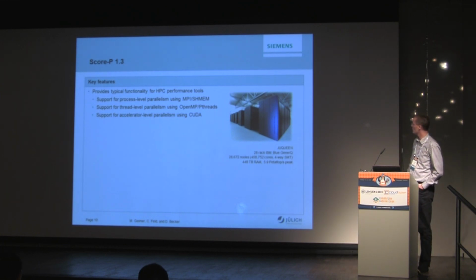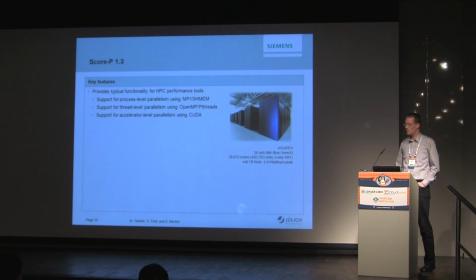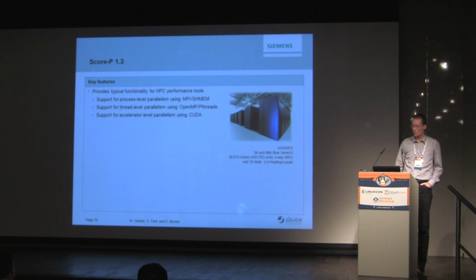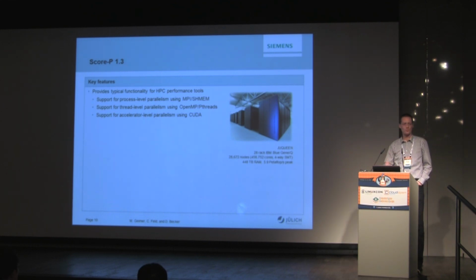This is the supercomputing system we have in Jülich, which has about 28,000 nodes with 16 core processors each. So we're talking about 450,000 cores in total.